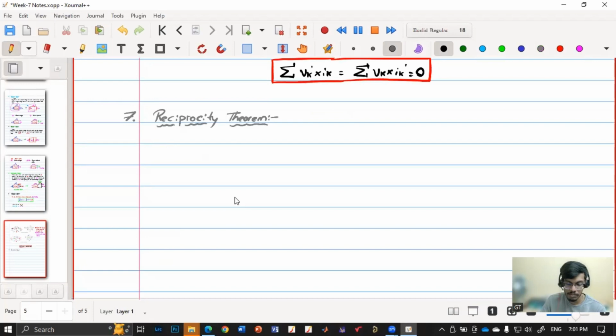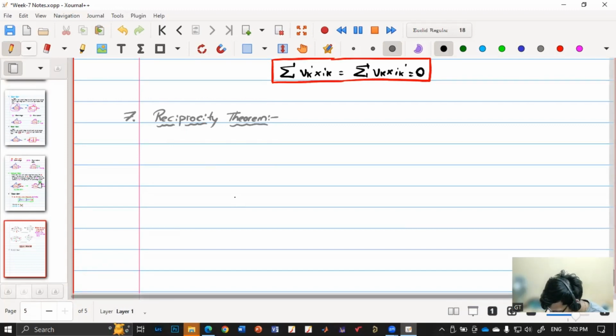So the reciprocity theorem basically says we'll consider a two-port network. Two-port network means on the input side there is one port, and on the output side there is another port. A two-port network is said to be reciprocal if the ratio of response to excitation is the same even if you interchange the response and excitation. Let me write.